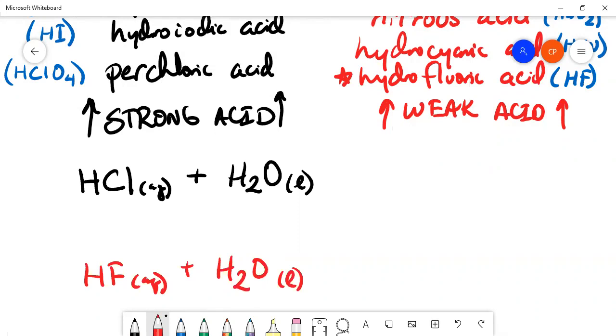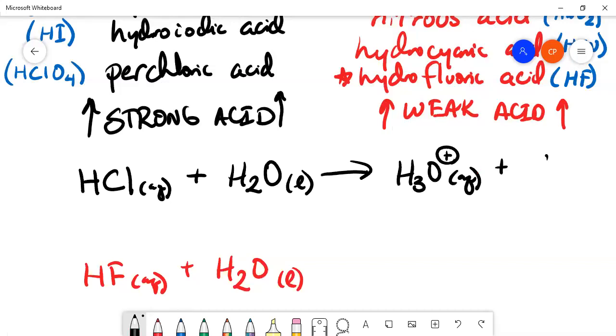And when we actually see that reaction happen between hydrochloric acid and water, that reaction immediately goes to products and generates hydronium ion and chloride ion.